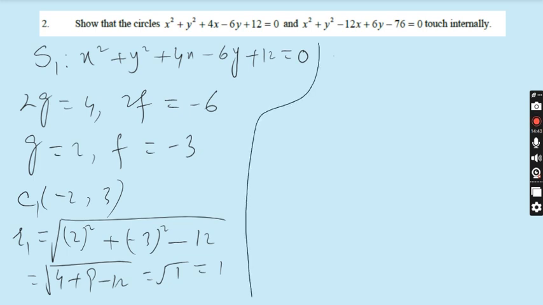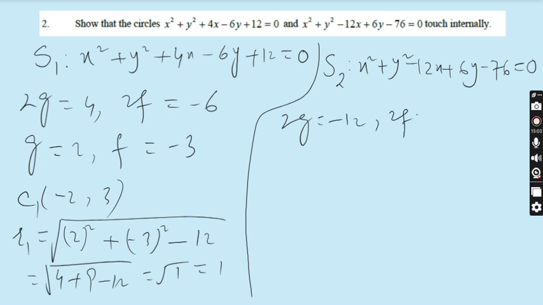Move to the next circle, S2: x square plus y square minus 12x plus 6y minus 76 is equal to 0. Here 2g is negative 12, 2f is 6, and c is negative 76. So g is minus 6, f is 3, and c is minus 76.